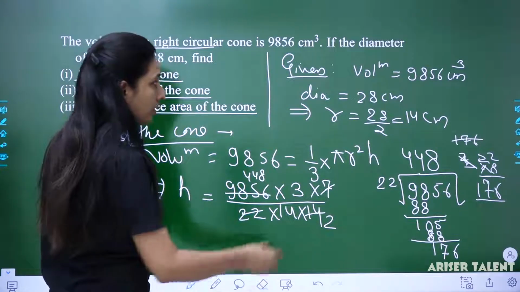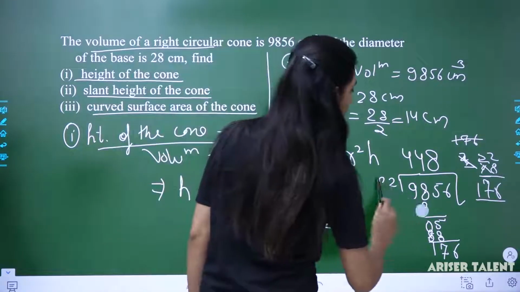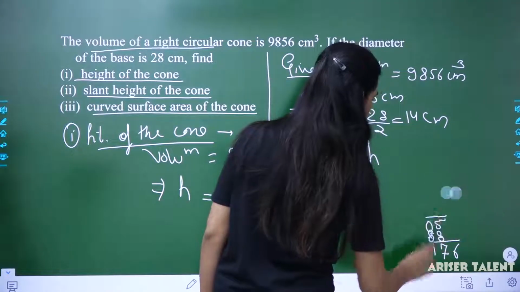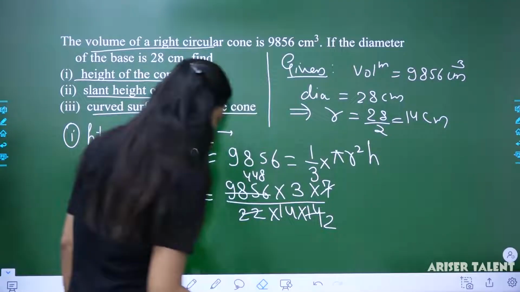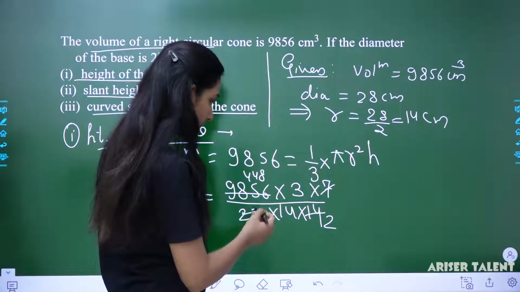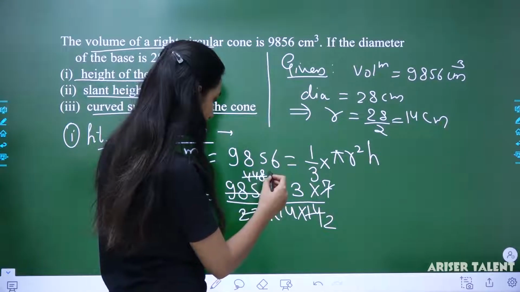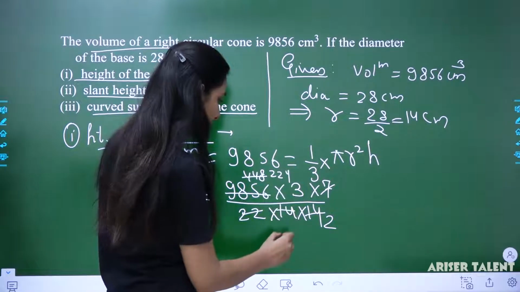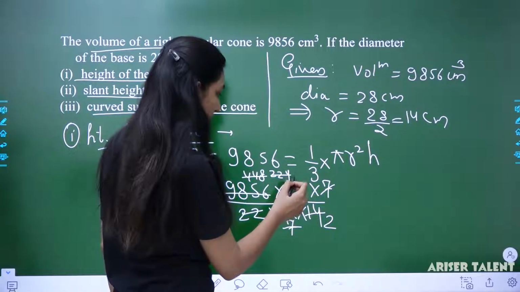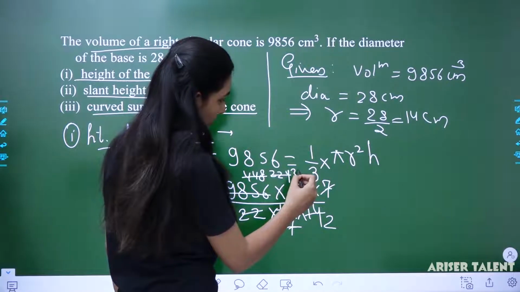Now 14. So 448 here. Now by 2 we can have it 2, 2, 4 and that will be 7. Now 7 ones are 7, 3 times and then 1, 2 times.